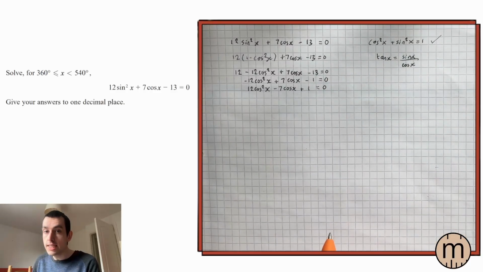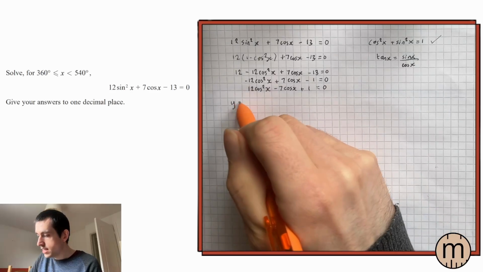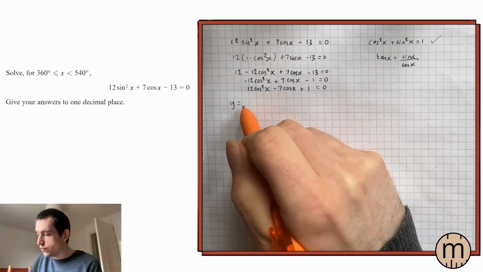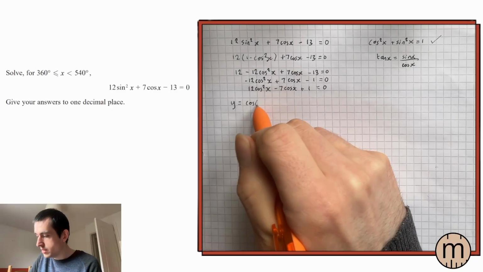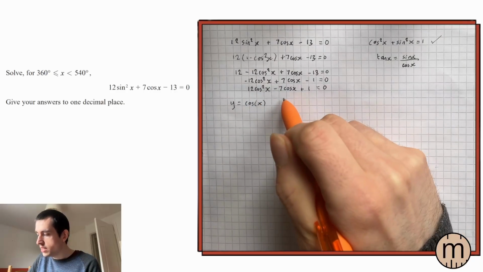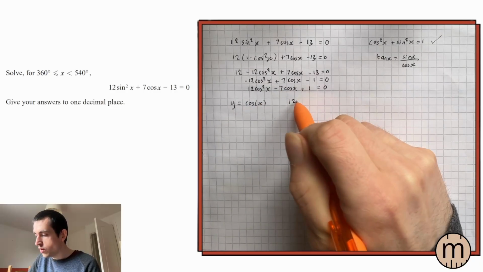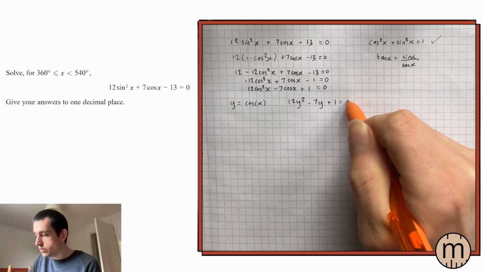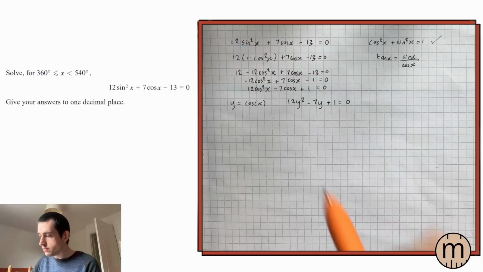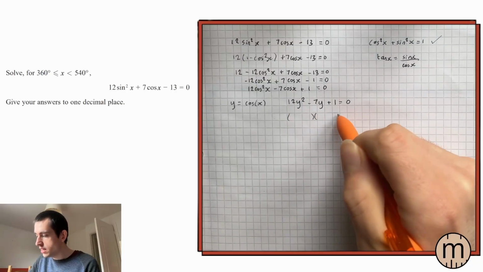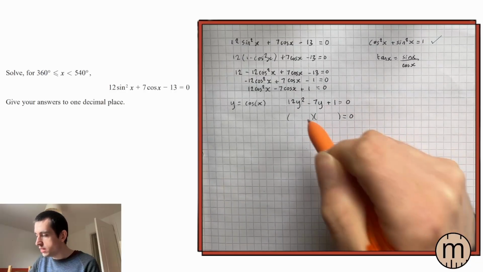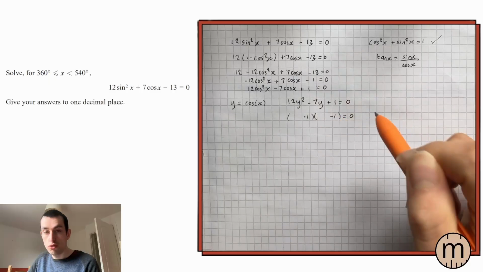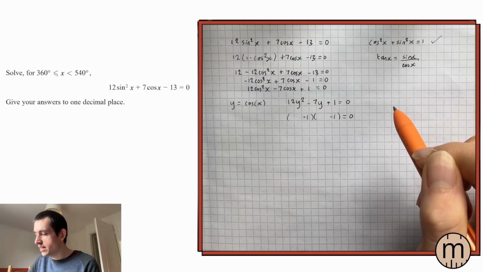When you're looking at this, your spidey sense should be tingling because this is a hidden quadratic. Choose whatever letter you want. I'll go for y to be cos of x. So this means that this gets transformed into 12y squared minus 7y plus 1 equals 0. We can then factorize this, use the quadratic formula, or use the calculator, probably.